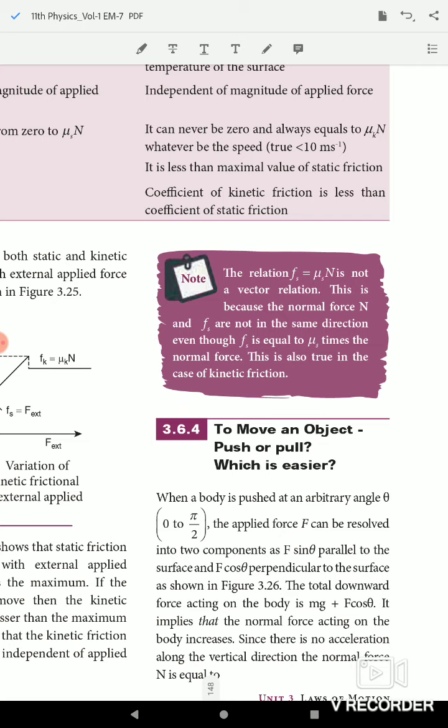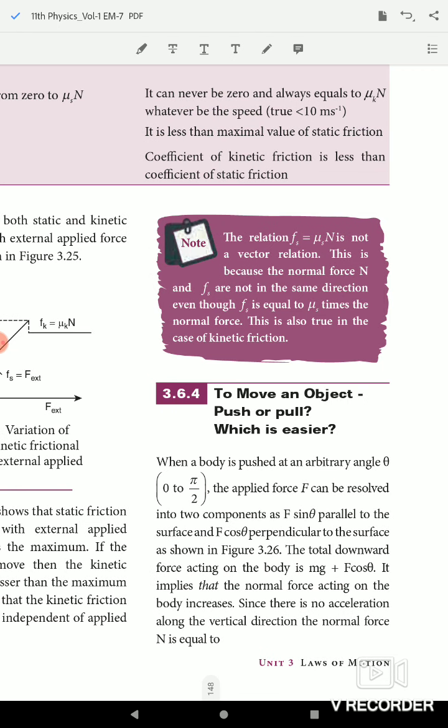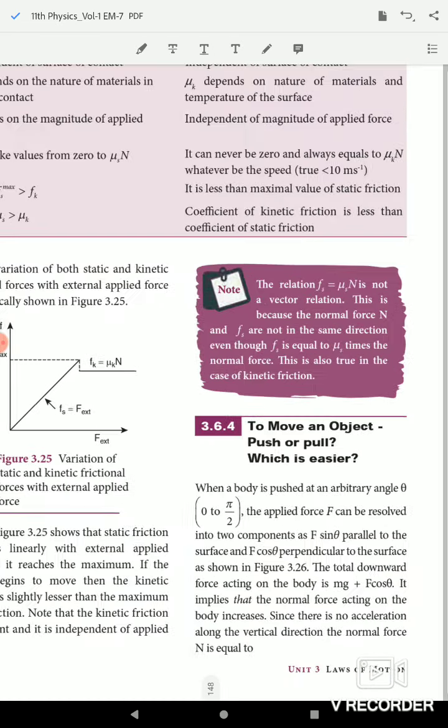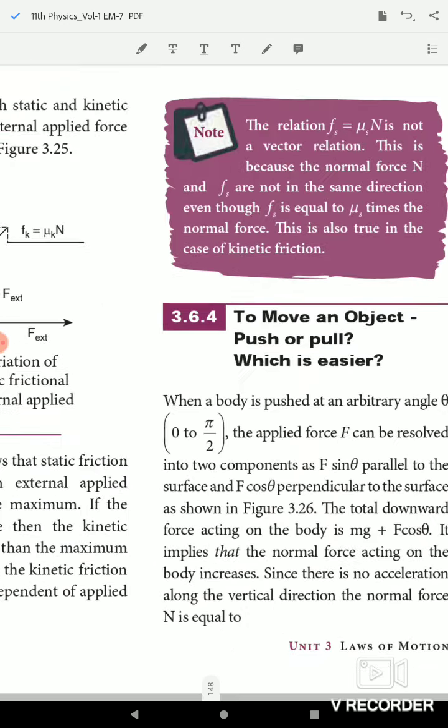Kinetic friction is less than the maximal value of static friction. In the case of static friction, Fs maximum is greater than Fk, and the coefficient of static friction mu s is greater than mu k. The coefficient of kinetic friction is less than the coefficient of static friction.